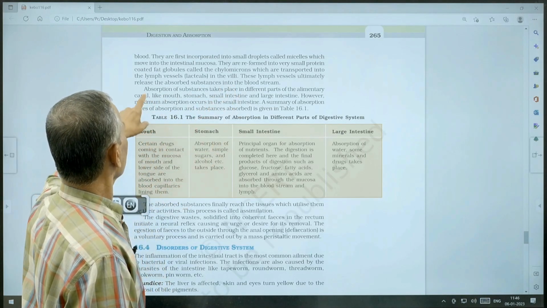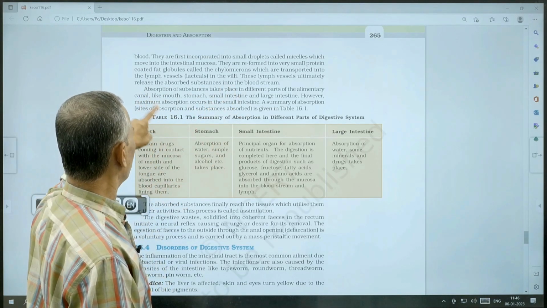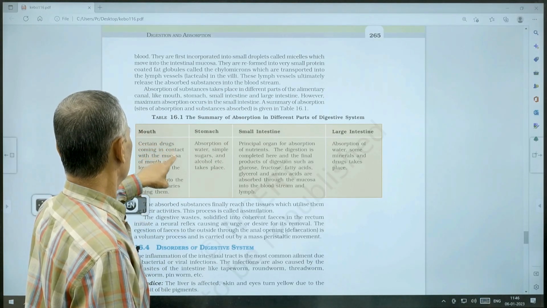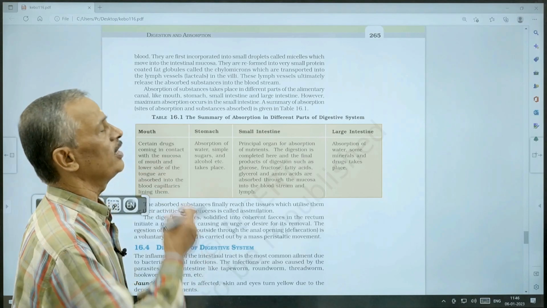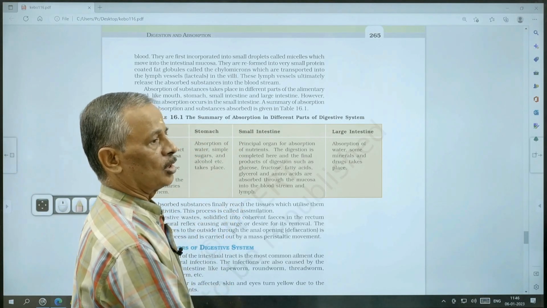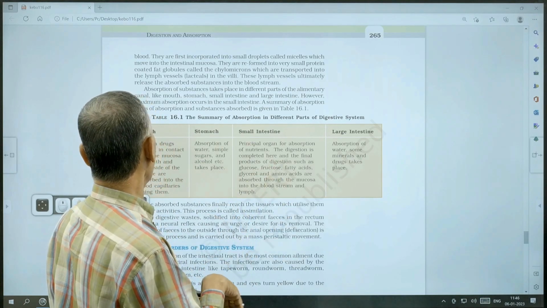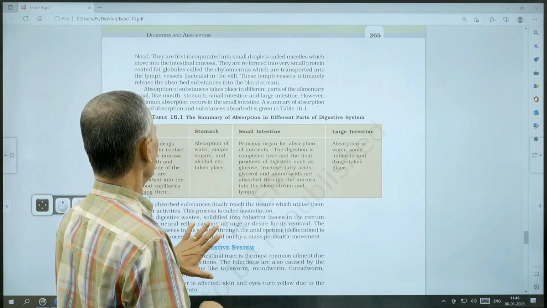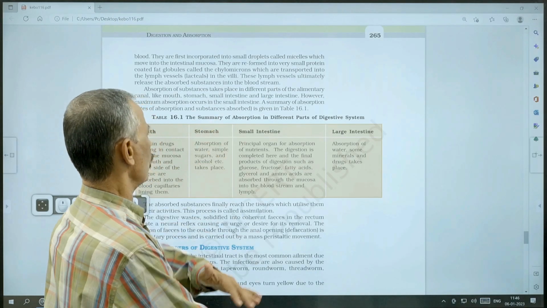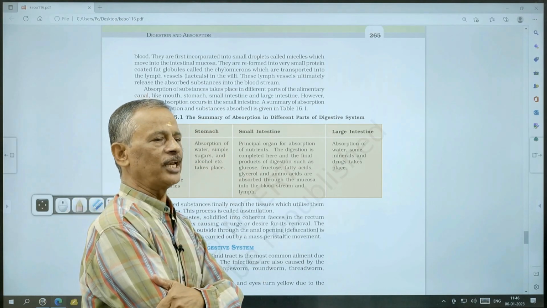Thus, absorption takes place at different parts. See, in the mouth, you have drugs coming in contact with the mucosa. That is why we give some emergency pills in the mouth so that they are immediately absorbed. In the stomach, absorption of water, sugar and alcohol takes place. Digestion is not needed for alcohol.